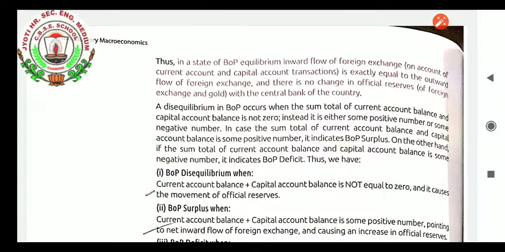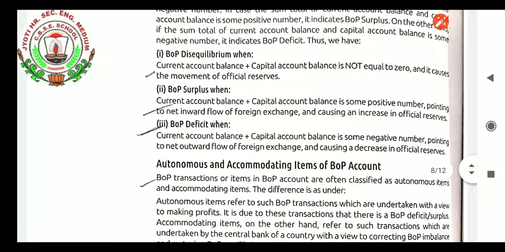But if the capital account and current account balance is showing some negative digit, it is showing balance of payment deficit. Thus we have balance of payment disequilibrium when current account balance plus capital account balance is not equal to 0 and it causes movement of official reserves either in a positive or negative direction.